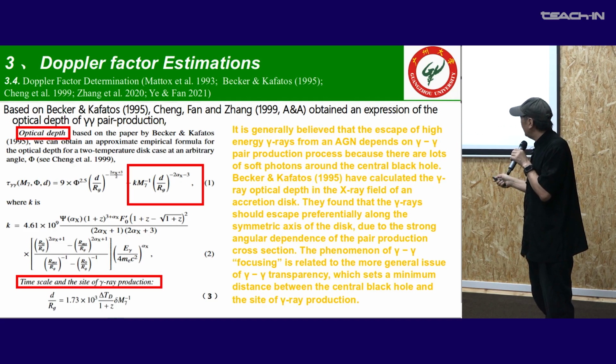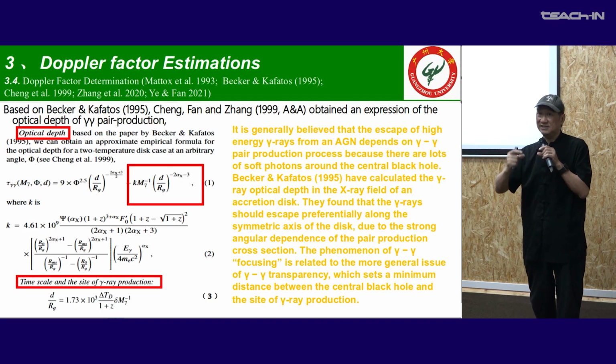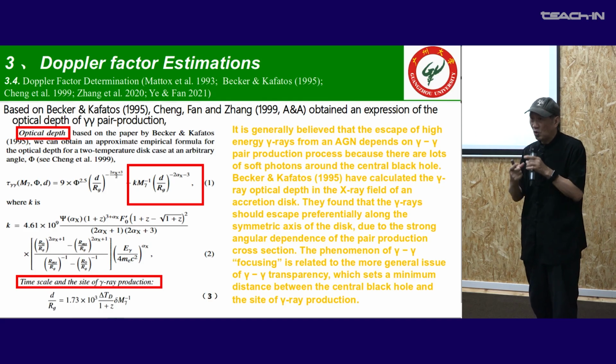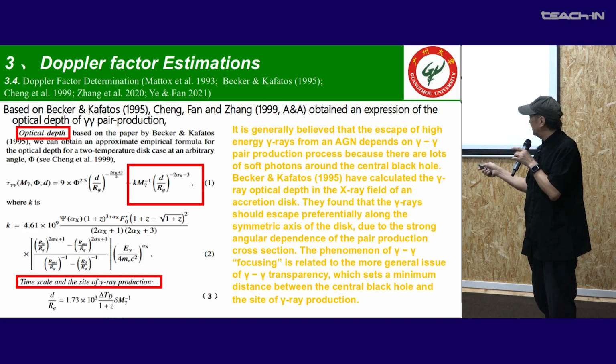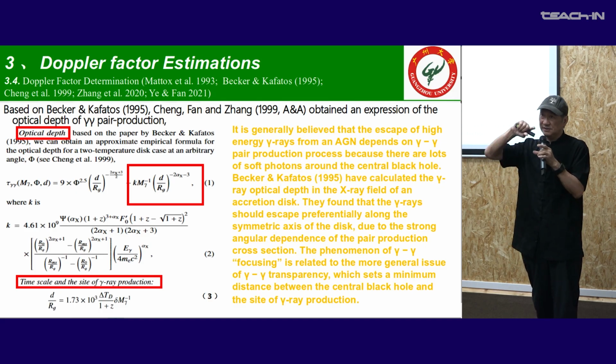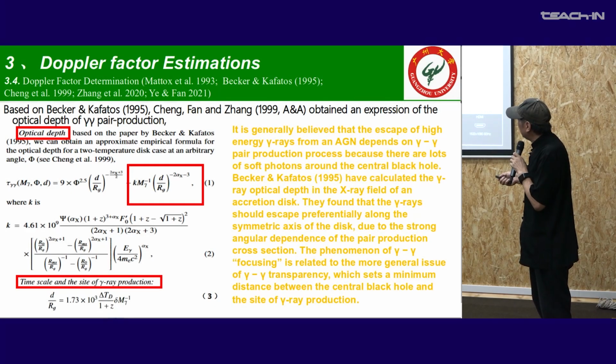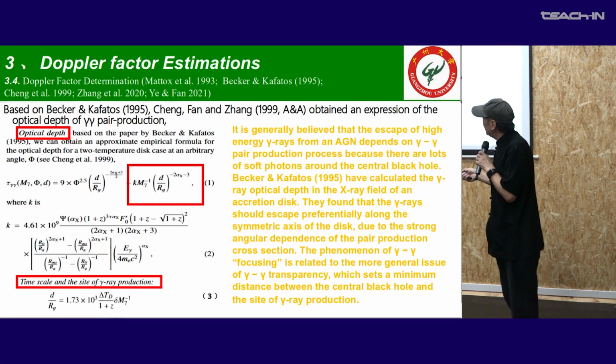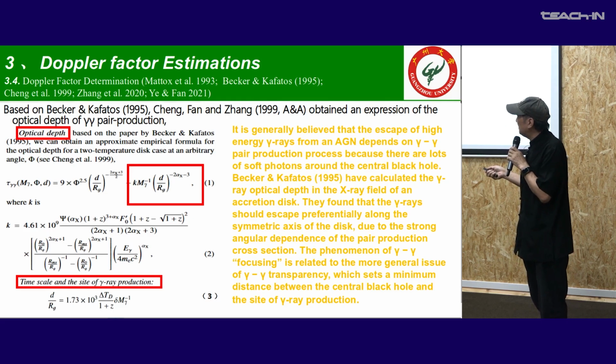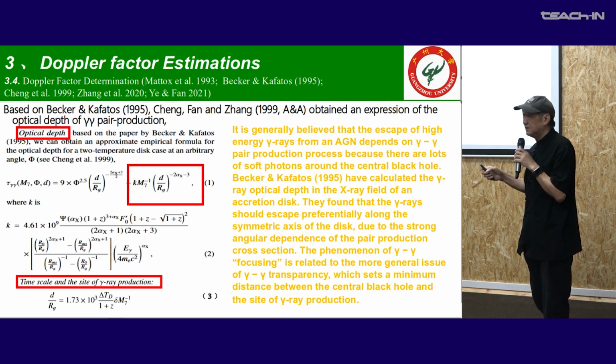Here phi is, we can say, the emission is just from a cone, and phi is the cone semi-angle. Here tau is the optical depth. It depends on the supermassive black hole mass, the viewing angle, and this distance. This is also, we can say, the emission size. Here, k is a constant. It depends on the accretion disk.